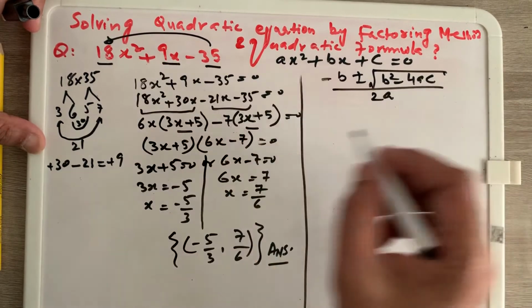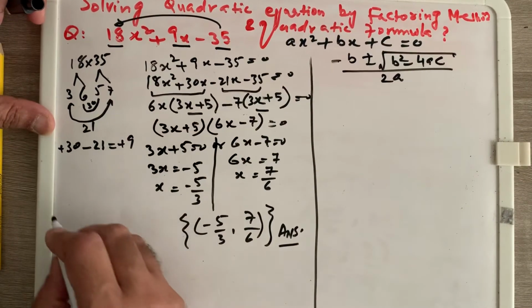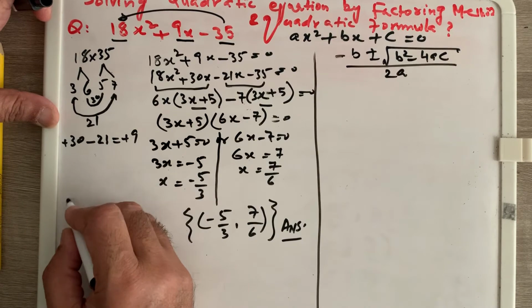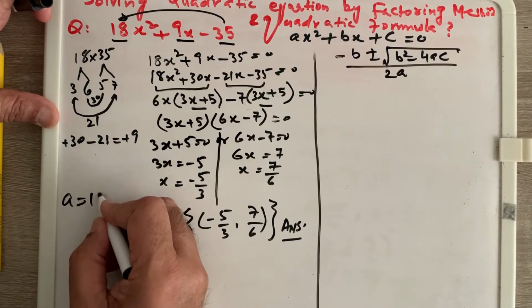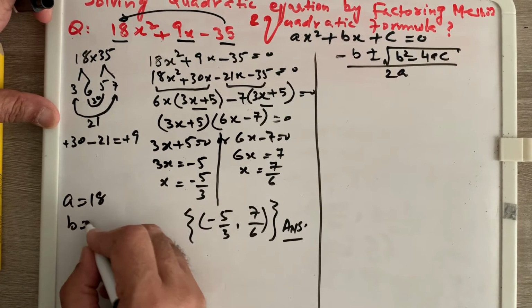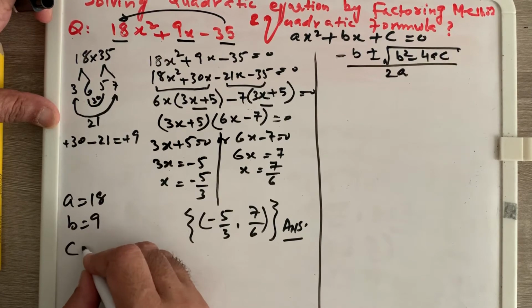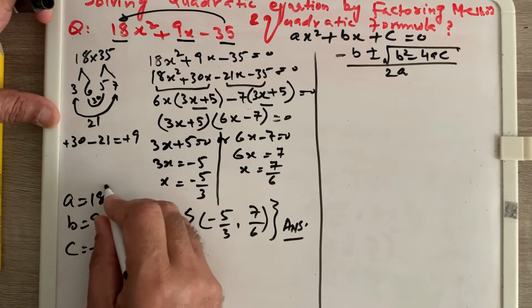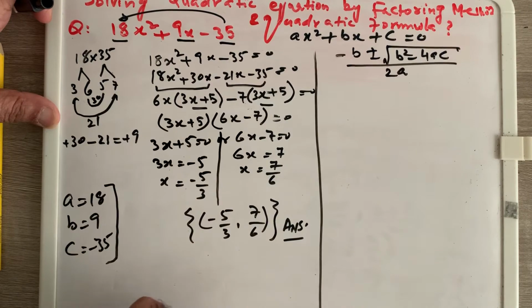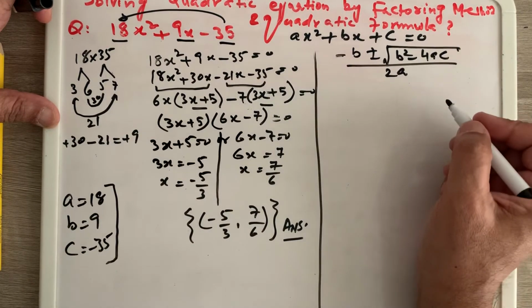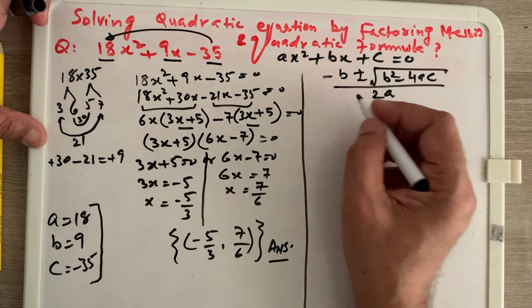We can check it out here, and I am writing it here for convenience because there's a little less space. So a is 18, b is 9, c is minus 35 if we compare it with the general quadratic equation. So I have my values. I can plug them in here.